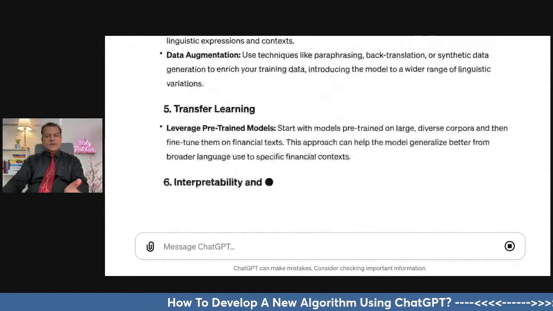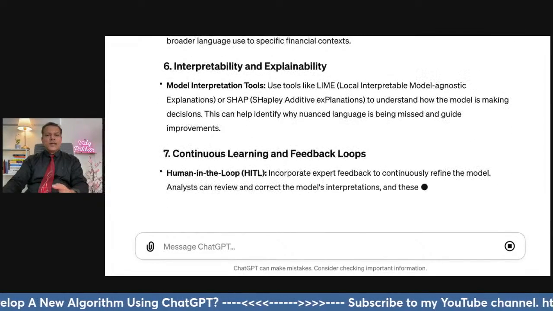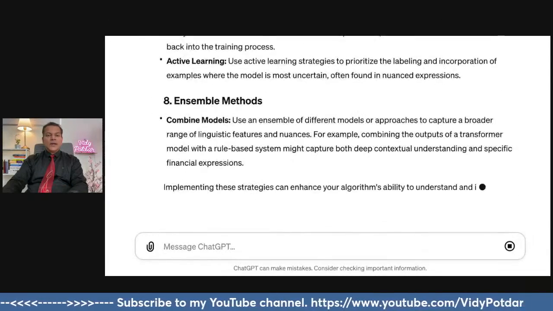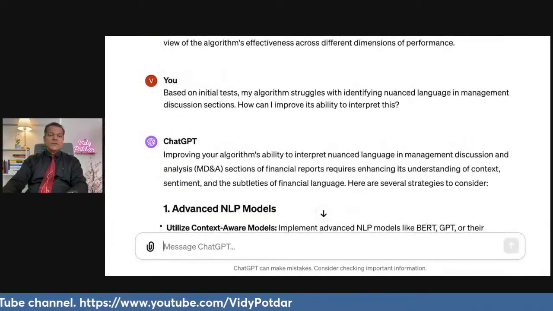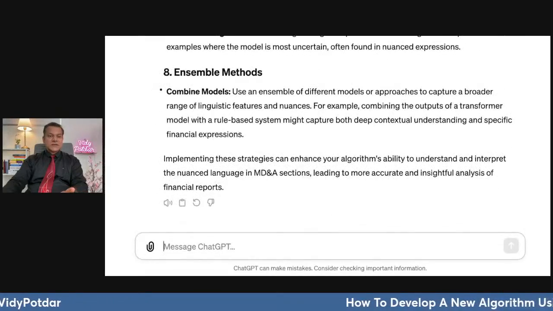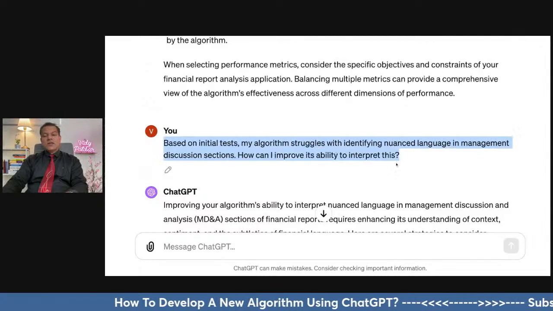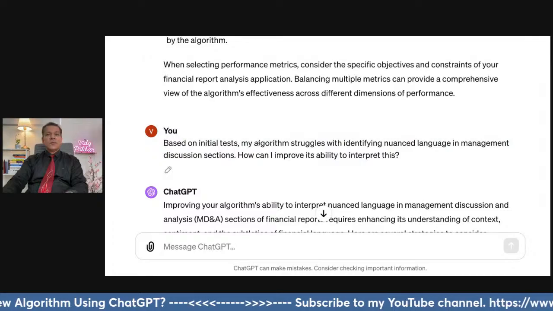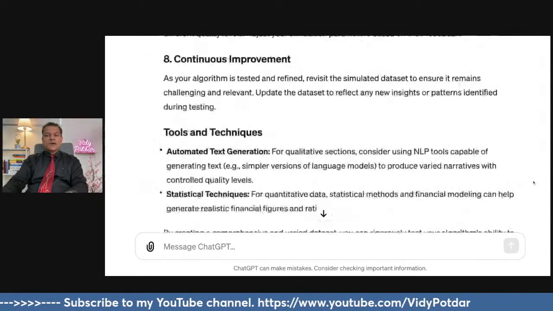ChatGPT will not develop the whole algorithm for you, but it will give you all the supporting information and knowledge that you may need to start developing an algorithm, and you can take assistance from ChatGPT as and when required. In this case, these are some suggestions for addressing this problem. In reality, when you are designing your own algorithm, there may be other struggles as well that you may encounter. At that time, you can still use this kind of prompt.